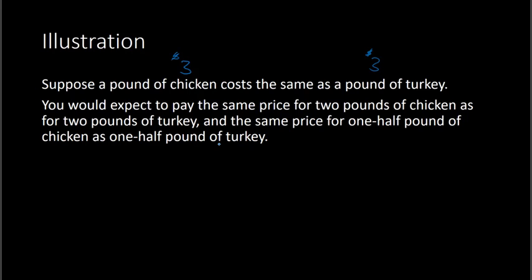And that is the idea of what we call the multiplication property, because we started with $3 for both chicken and turkey, and we multiplied both of those by 2 because we had 2 pounds. So $3 per pound times 2 pounds, do that on both sides, we have the same amount that we paid for both the turkey and the chicken, which was $6 total.